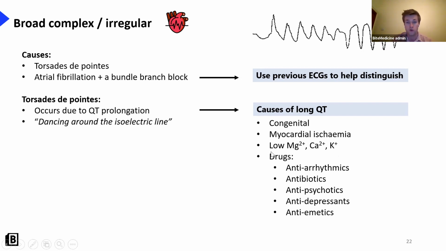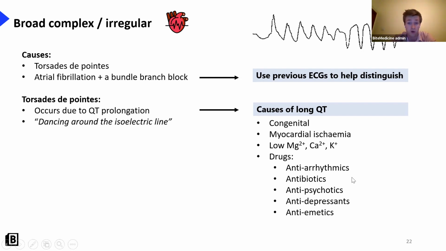And then you've got certain drugs that can cause long QT, and the way I always remember these is A, B, C, D, E. So anti-arrhythmics, antibiotics, antipsychotics for C, antidepressants, and antiemetics. And for those who are scribbling away, some examples.